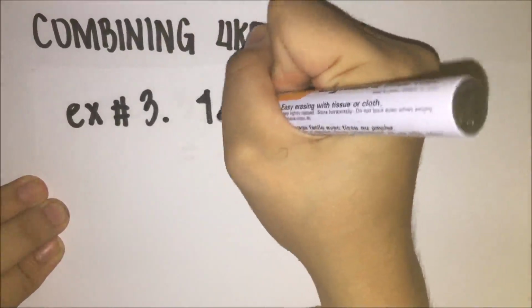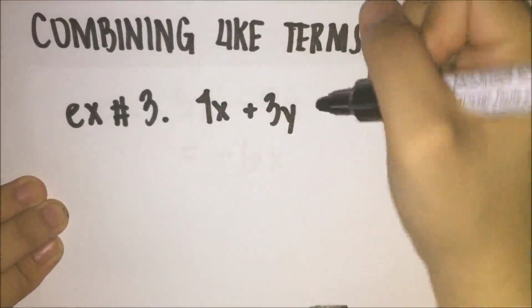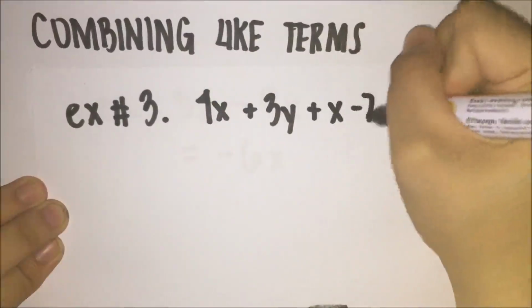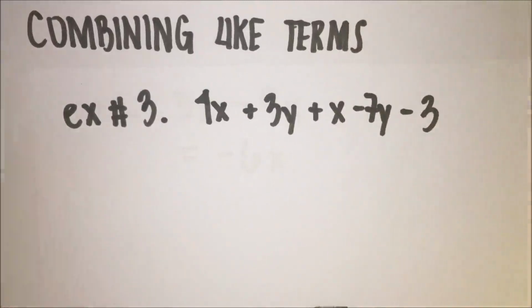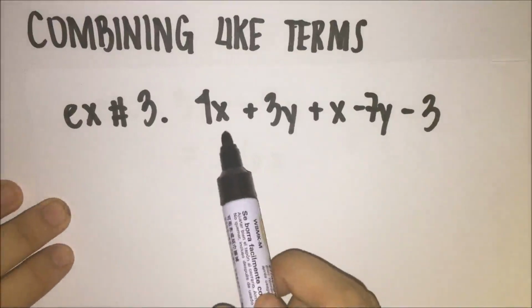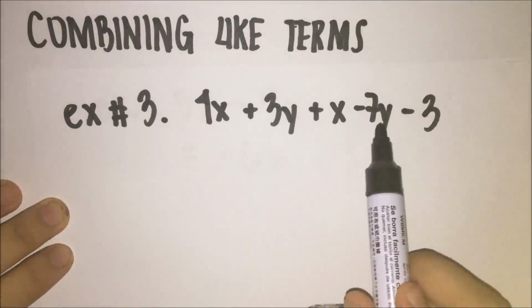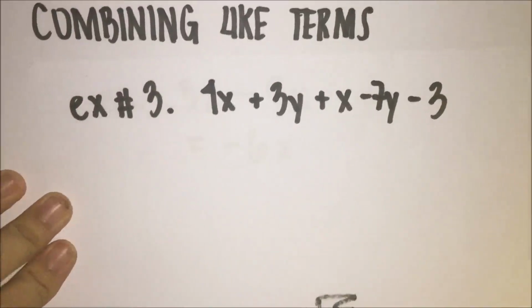Example number 3, 4x plus 3y plus x minus 7y minus 3. So this expression has 5 terms: two have an x variable, two have a y variable, and one constant number, which is 3.